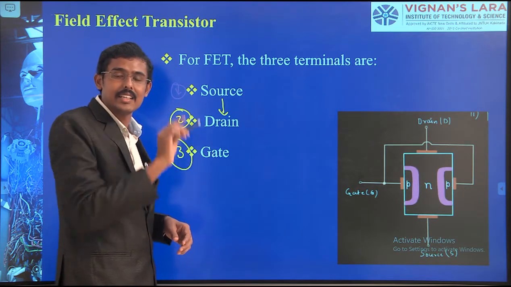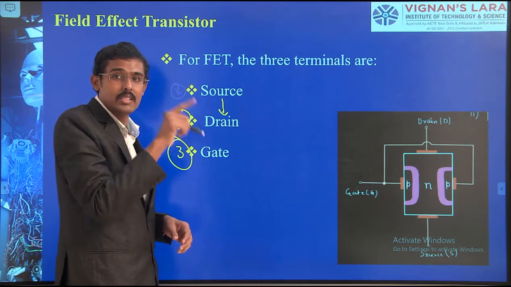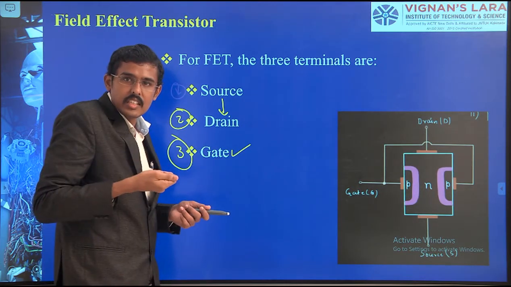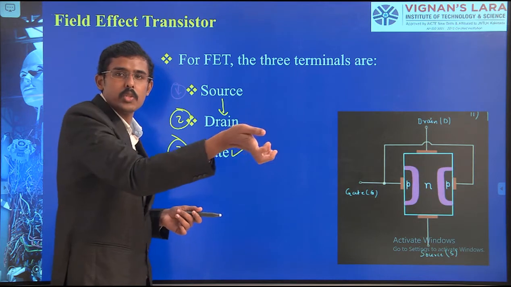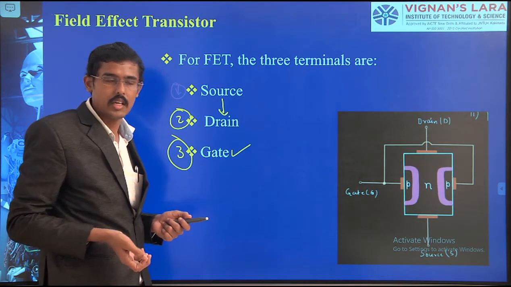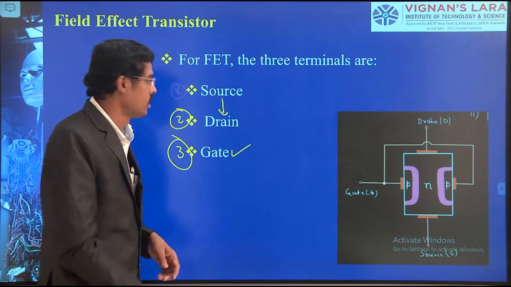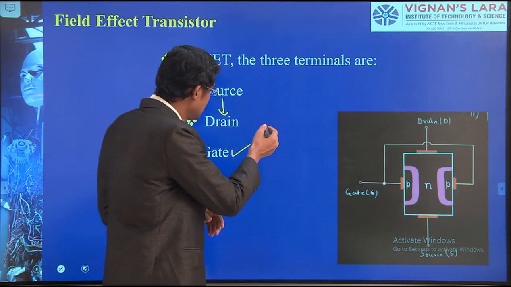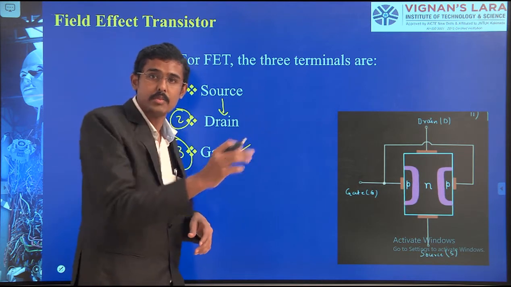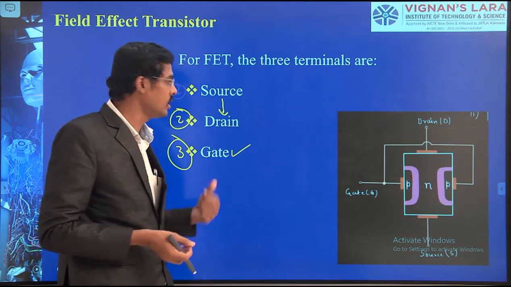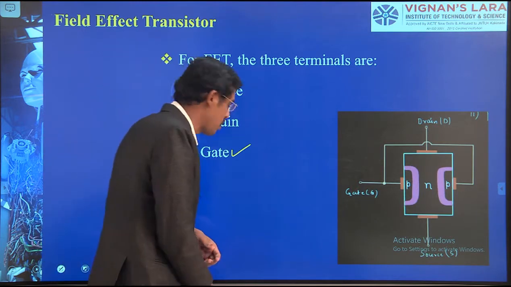But as in the transistor we used the base, here we use the gate for increasing or decreasing the voltage, pushing up or down. For those cases, we are using the gate operations here. There we did the current operation, where the flow of current is controlled by the base. Here we are going to control the voltage by using the gate operations. That we will see one by one.